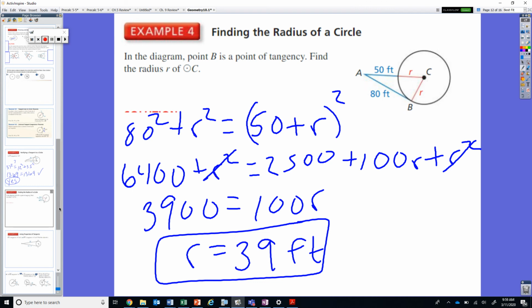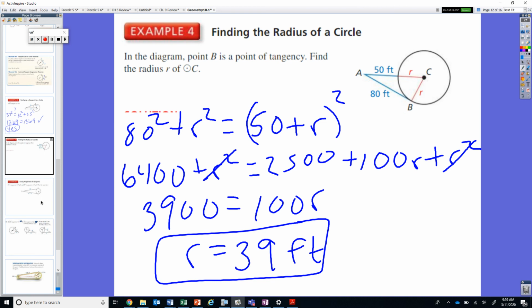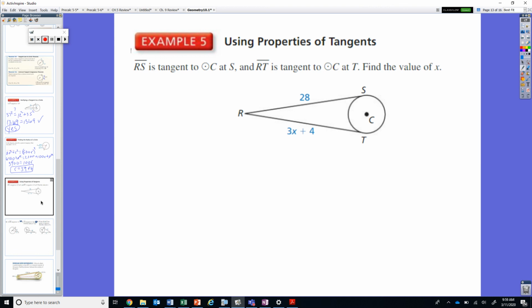Let's try one with a common external point. It says that RS and RT are both tangent. And since they share this point R, we can confirm that RS and RT are congruent to one another.